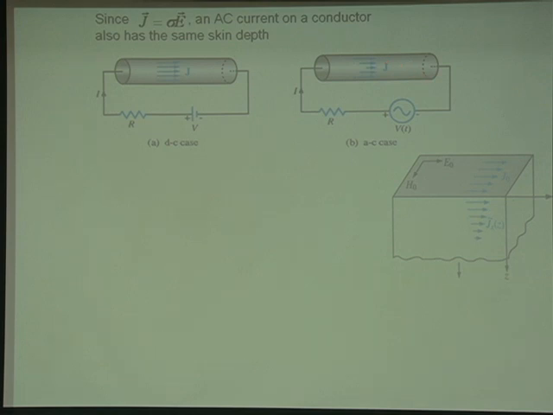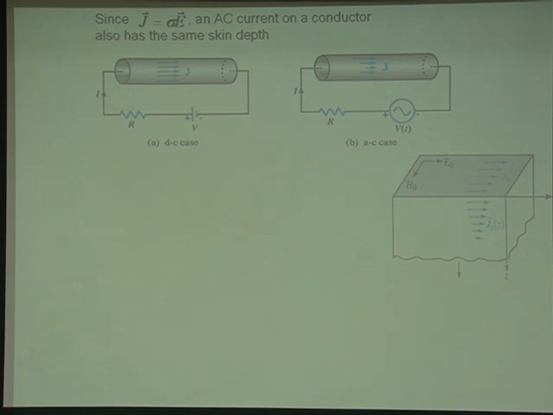Now, this is the simplest way to describe how the surface current is created on a piece of conductor due to an AC power supply.